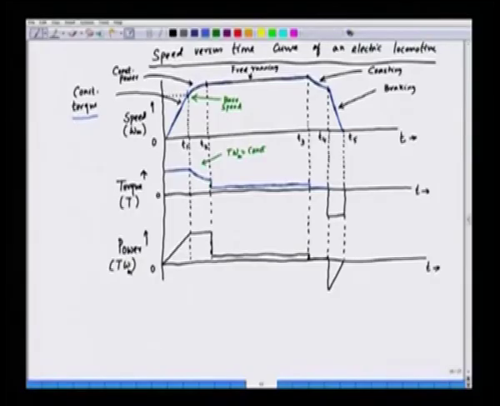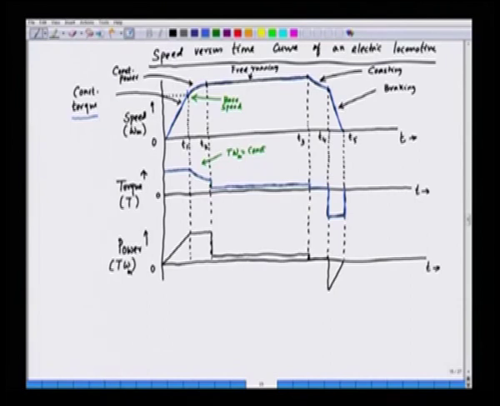So, the motor torque is 0 and the vehicle speed decreases, and then we go for braking, because we have to stop in a scheduled period. We apply the brake, which means the torque becomes negative. With this negative torque there is constant deceleration, and hence the motor comes to a stop at T5.